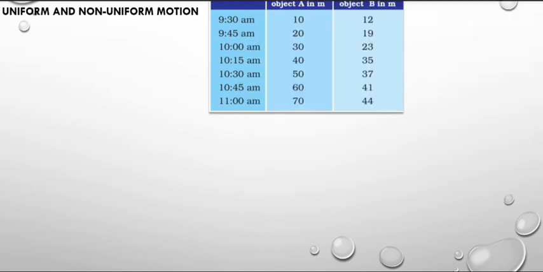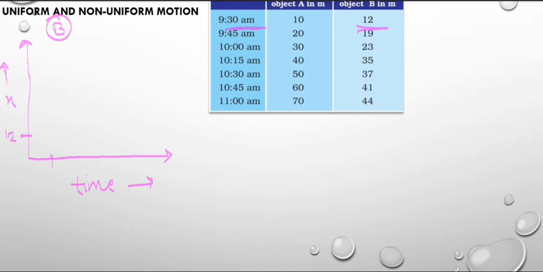Now here, students, when we make a graph of object B, let us consider this is the distance axis and this is the time axis. Here, at the first time, that is at 9:30, it traveled for 12 meters. And after 15 minutes, it was somewhere at 19.